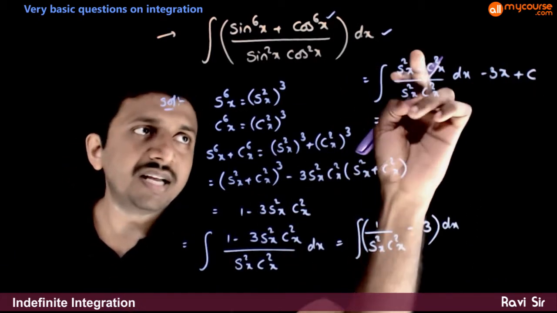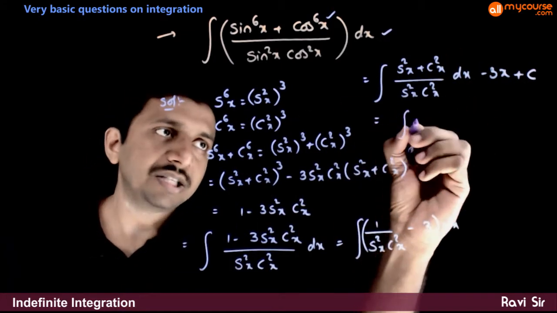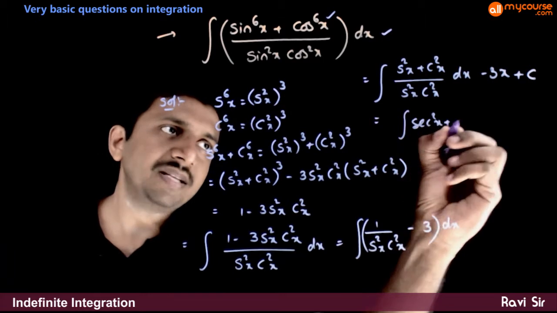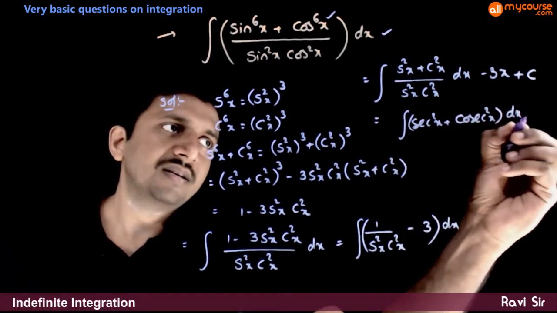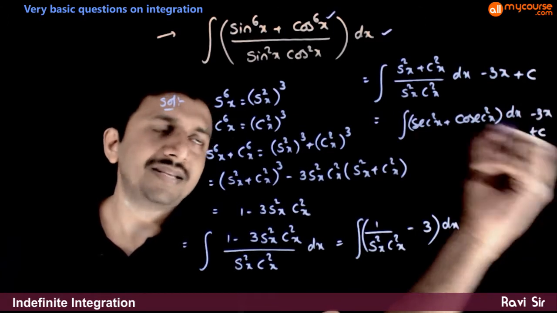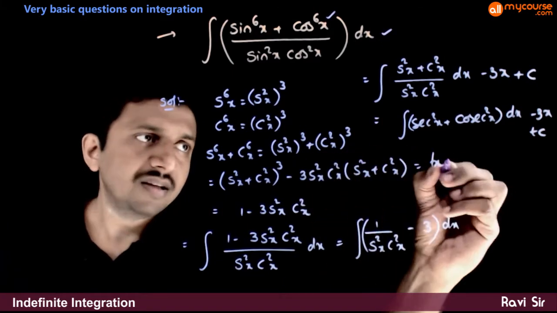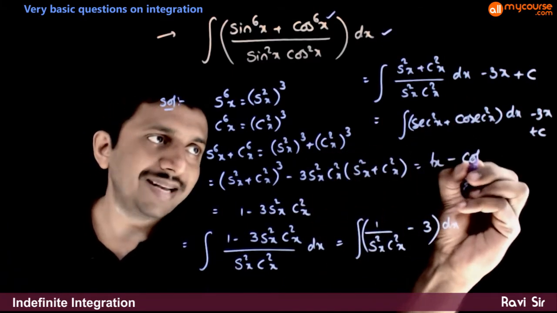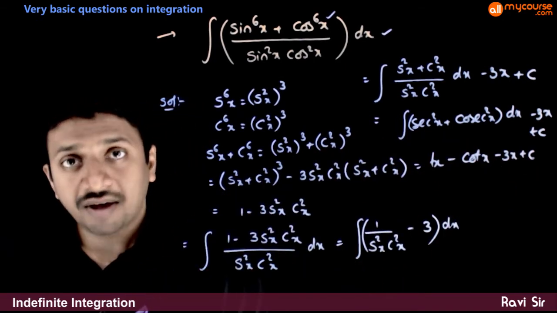So this becomes the integration of 1 by cos square x plus 1 by sine square x, that is the integration of secant square x plus cosecant square x dx minus 3x plus c. And the integration of secant square x is tan x, and the integration of cosecant square x is minus cot x, so minus cot x minus 3x plus c is the final answer to this question.